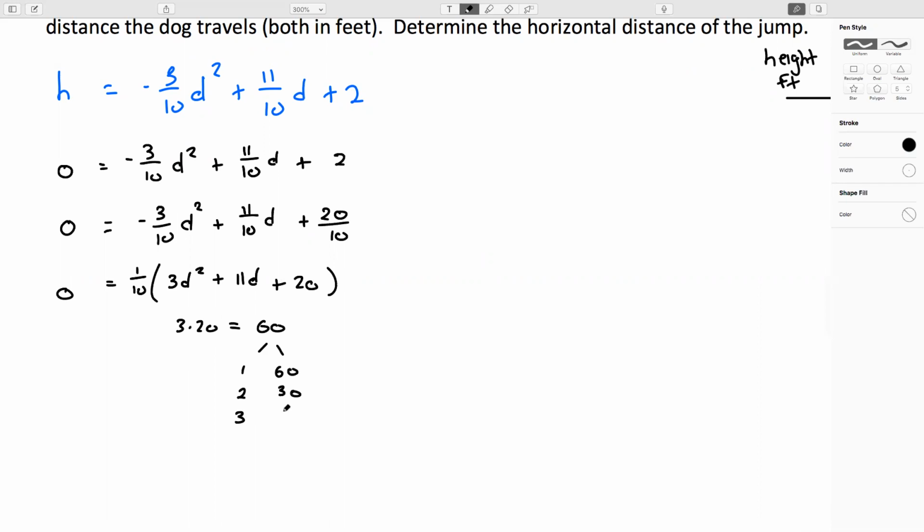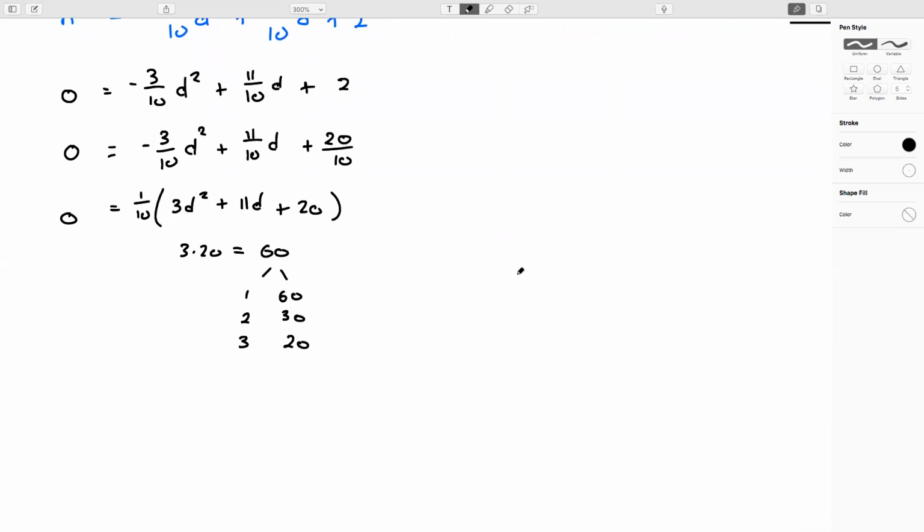There's 3 and 20. There's 4 and 15. There's 5 and 12. And I think we can stop here. We need a pair that multiplies to 60, and all of these pairs will, but we also need a pair that adds to 11 somehow.